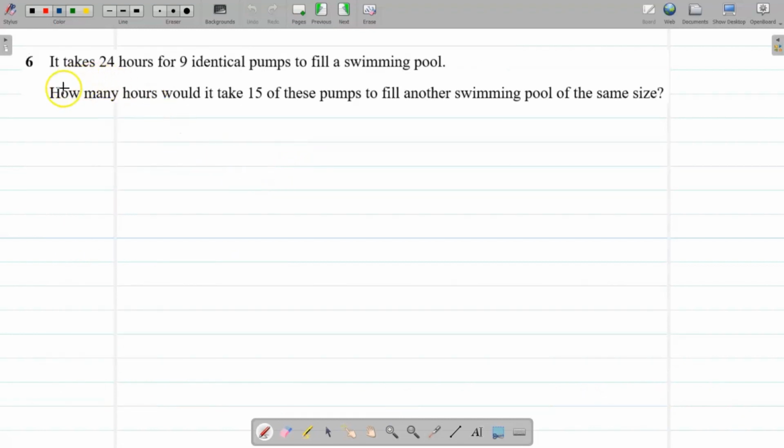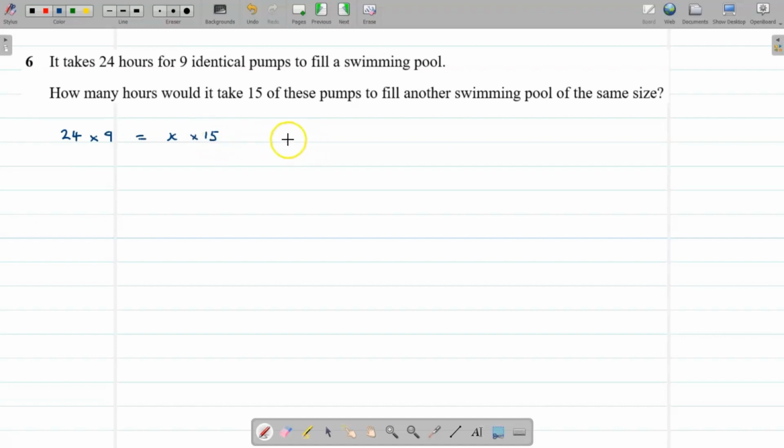We've got here a simple inverse proportion problem. 24 hours for 9 pumps. If you've got 15 pumps, then the time is going to be reduced. The best way to do this is just to pair them up and say that 24 times 9 must be equal to x times 15. Then we just rearrange that to find x.